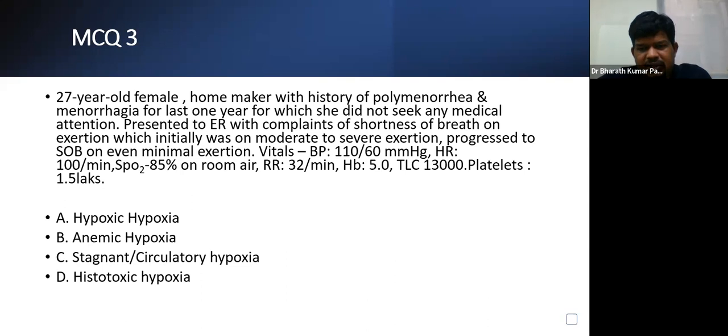The BP is 110/60 millimeters of mercury with heart rate of 100 per minute, SpO2 of 85% on room air, respiratory rate of 32 per minute. When we investigated, her Hb turned out to be 5 grams with TLC of 13,000 and platelets of 1.5 lakhs. So now again, you have to pick up what is the cause of hypoxia. Yeah, I can see 1 B. Any other answers?